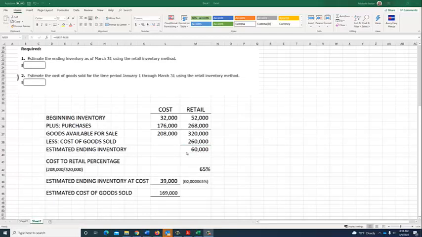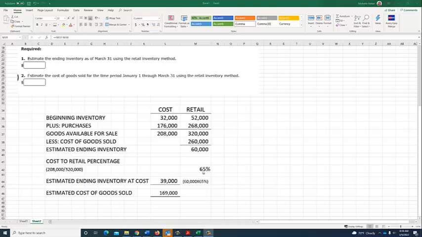I need to know what my estimated ending inventory is at cost. So to do that, I'm going to use my goods available for sale figures up here. And with these figures, I can get a cost to retail percentage. If I divide my $208,000 cost by the retail $320,000, I get a cost to retail percentage of 65%.